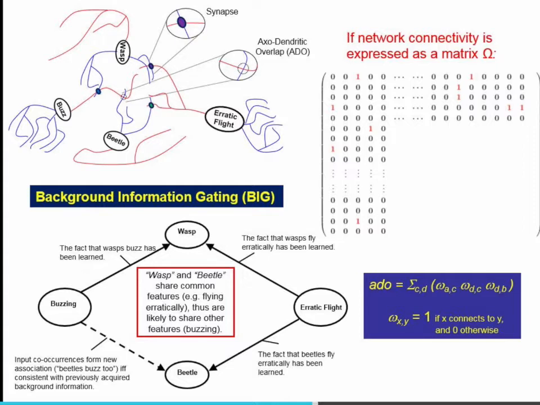So each of these entries is one of these omegas here. Then this entire sum, you can express it for all the possible overlaps over all the neurons in one sweep with a very simple product of the entire connectivity matrix times its transpose, which is basically what you do if you flip it over the diagonal, times itself.